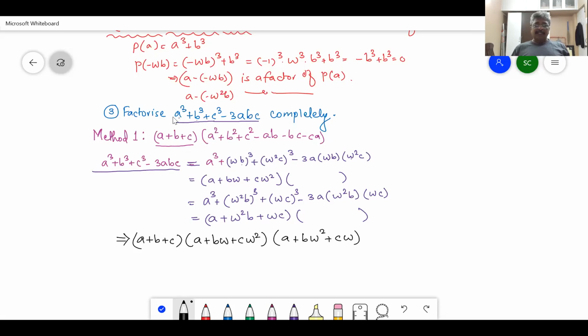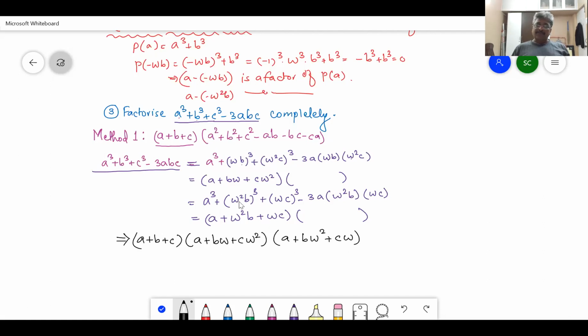If we express the same identity by using omega, a cube plus omega b raised to 3 plus omega square c raised to 3 minus 3 times cube root of this into cube root of this into cube root of this, then we get the same identity. And therefore, by the same logic that we use for a plus b plus c, we write a plus b omega plus c omega square. That is the second linear factor that we have.